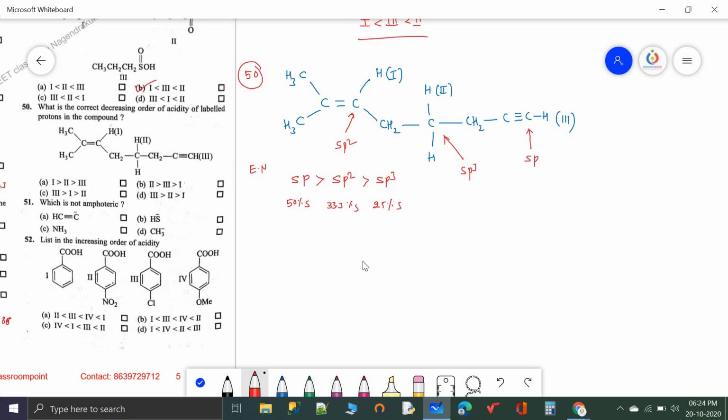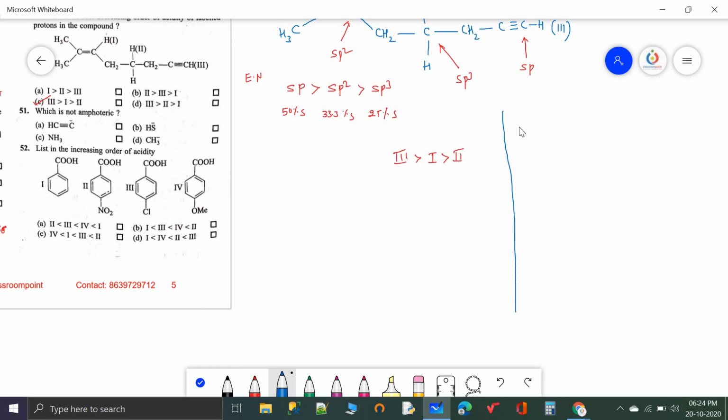So the more the electronegativity, the more the holding capacity of the negative charge, so this is the strongest acid. Third is more than 1, which is more than 2. This is the decreasing order. So 3, 1, 2. Option C is correct.